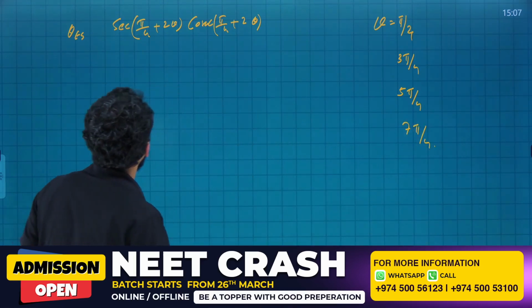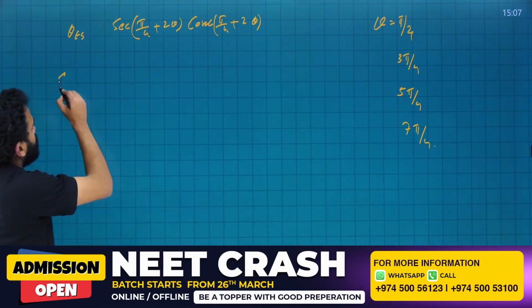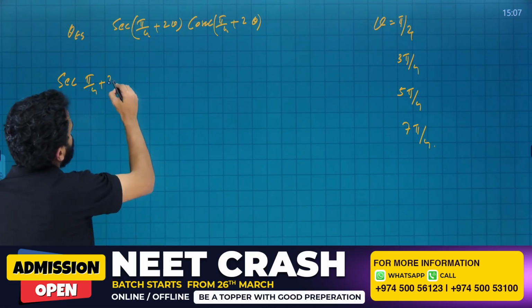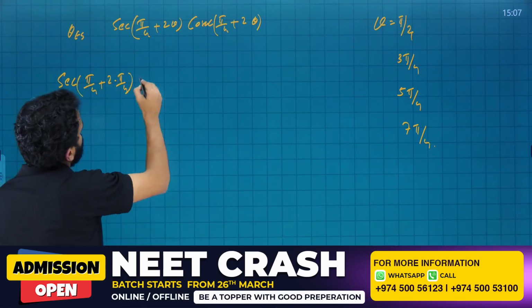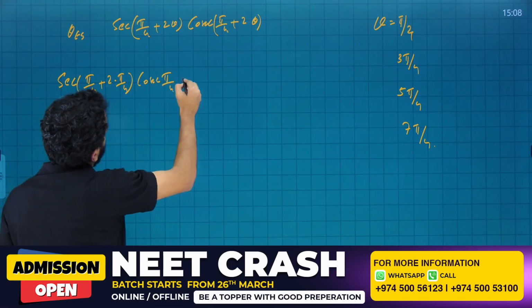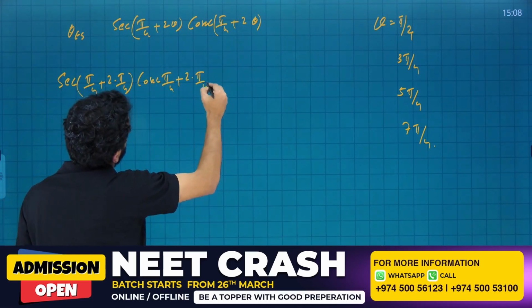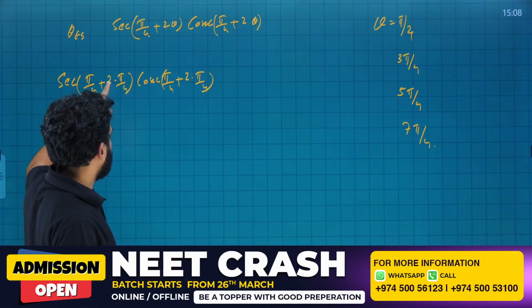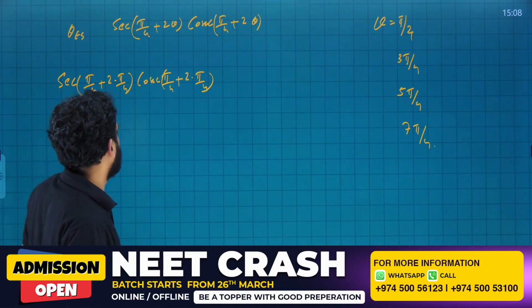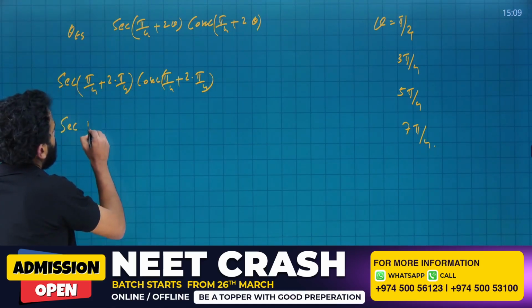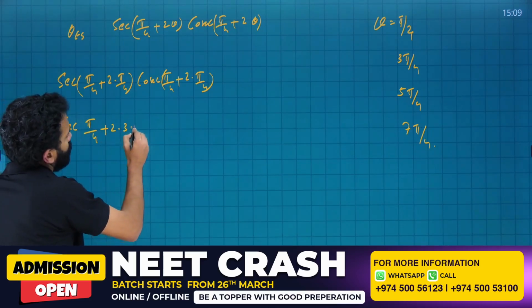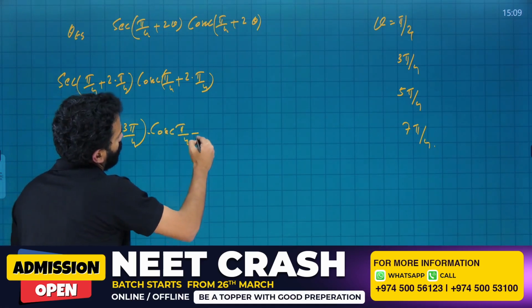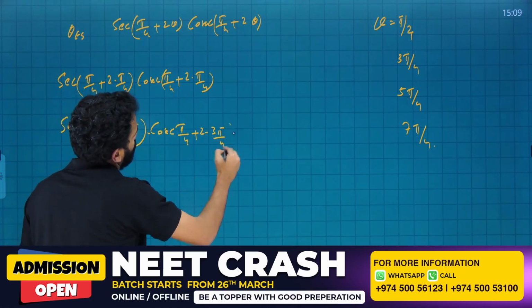Therefore it will be sec(pi by 4 plus 2 into pi by 4) into cosec(pi by 4 plus 2 into pi by 4). Next one is sec(pi by 4 plus 2 into 3 pi by 4) into cosec(pi by 4 plus 2 into 3 pi by 4).